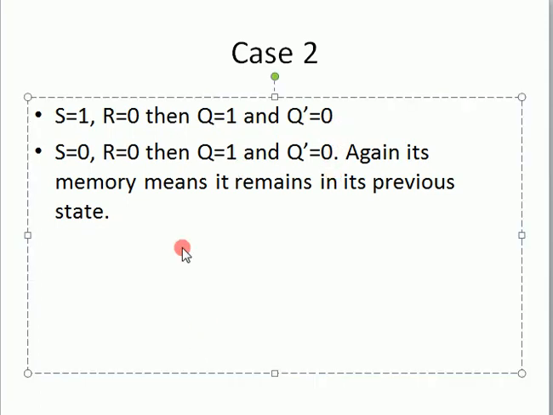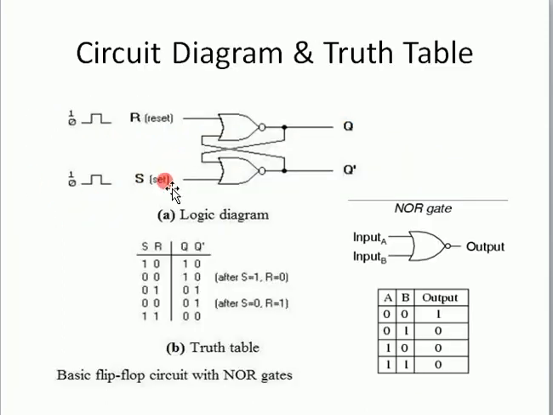Now again we will discuss the second case in which S is equal to 0 and R is equal to 0. When S is equal to 0 and R is equal to 0, see this, the previous output here was 1 and here was 0. So here we have 0 and here we have 1.